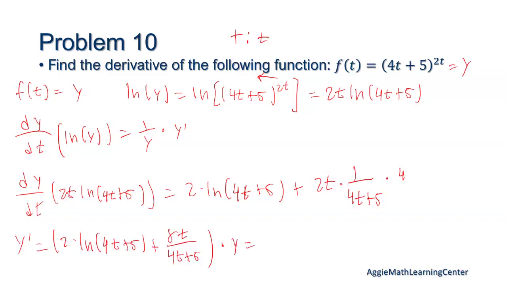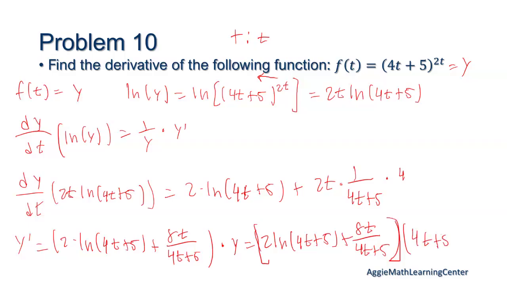So I can rewrite that by saying 2 ln of 4t plus 5 plus 8t over 4t plus 5, all being multiplied by, these technically should be brackets here, (4t plus 5) to the 2t. And that is our y prime.